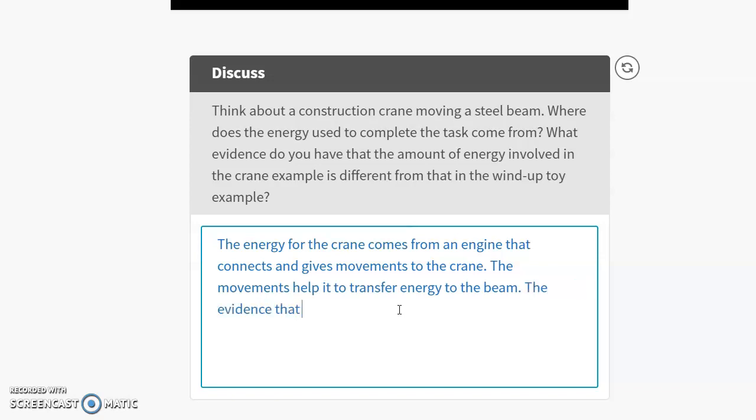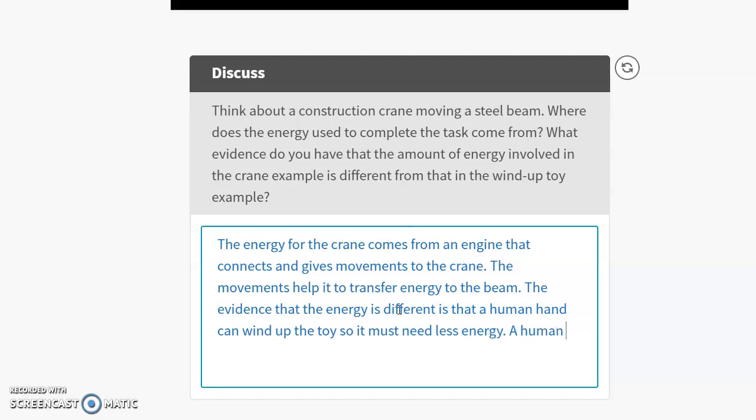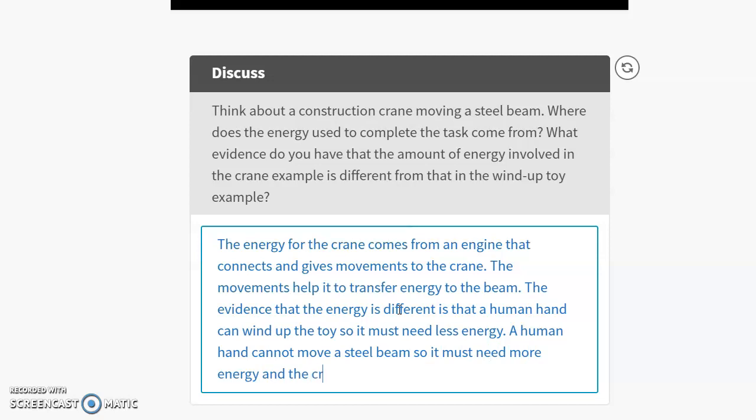Evidence that the energy is different is that a human hand can wind up the toy, so it must need less energy. A human hand cannot move a steel beam, so it must need more energy, and the crane must have the potential of having more energy.